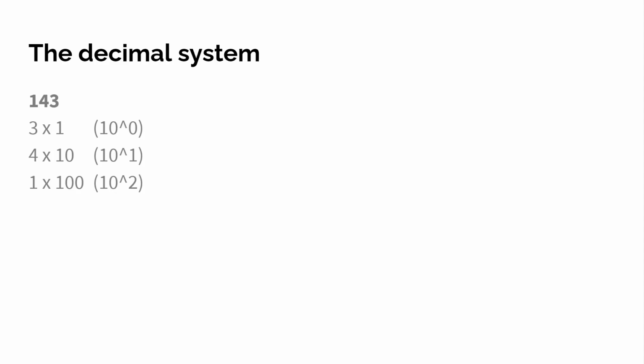Then 4 times 10: the second digit from behind is 10 to the power of 1, worth times 4. And next, if we go 1 higher, we get 10 squared, which is 100, which is why the first digit in this case is worth 1 times 100. So we put that all together and we get, who would have thought, 143.